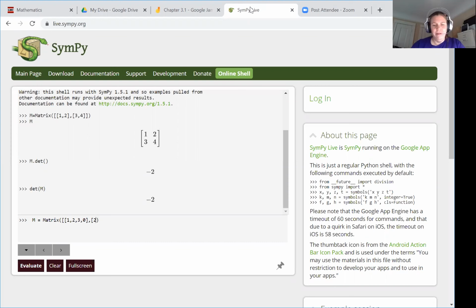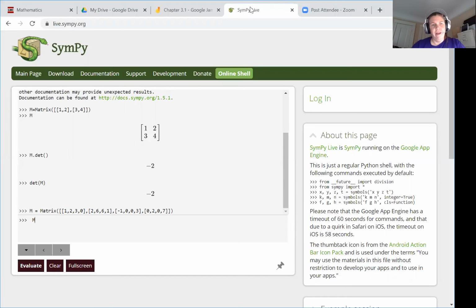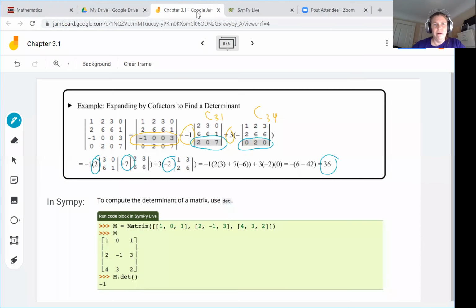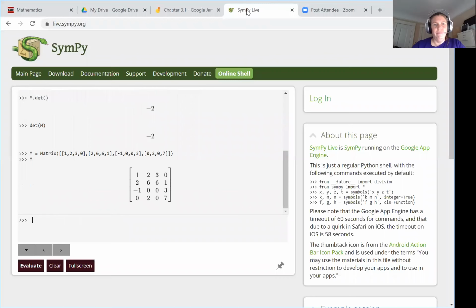The second row is 2, 6, 6, 1. The third row is negative 1, 0, 0, 3. And our fourth row is 0, 2, 0, 7. And we'll verify M, making sure I haven't made any typos. If we go back to our slides, it looks like we've got a match with our original matrix.